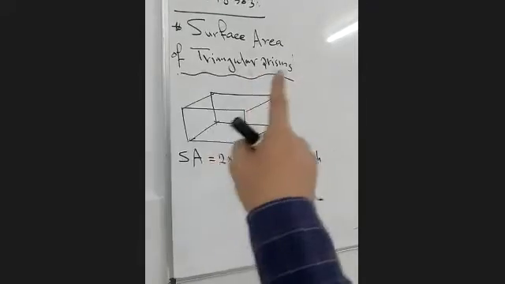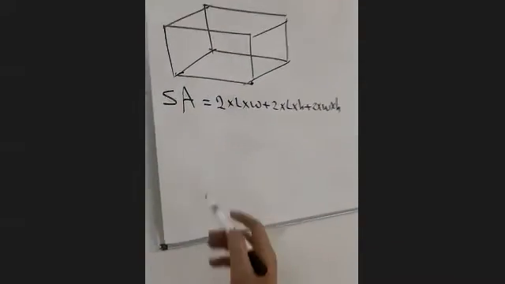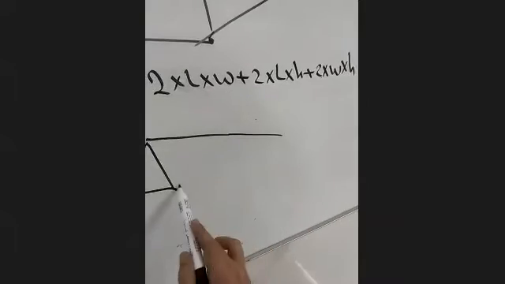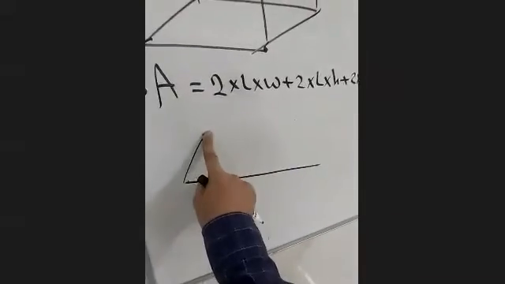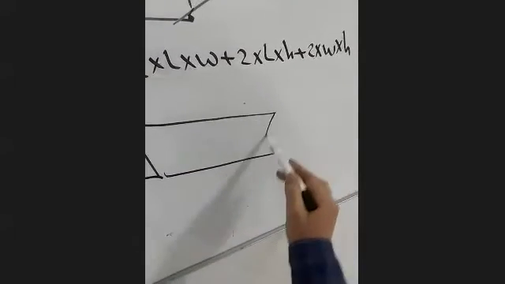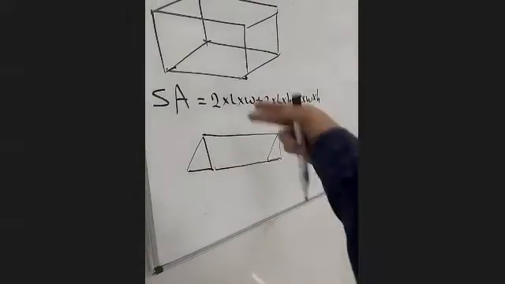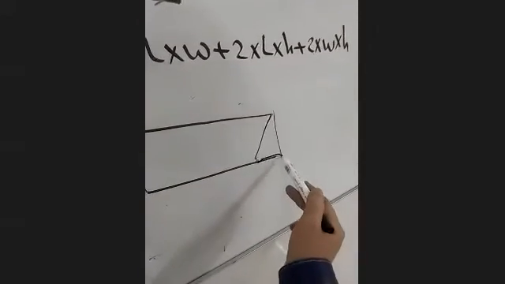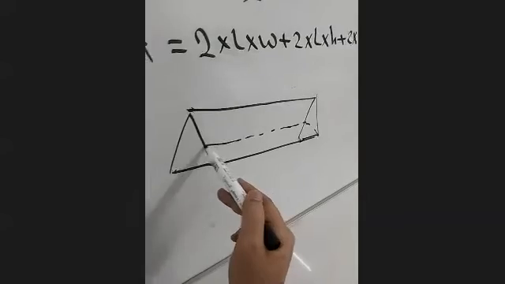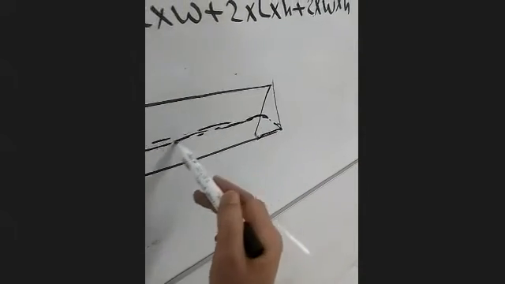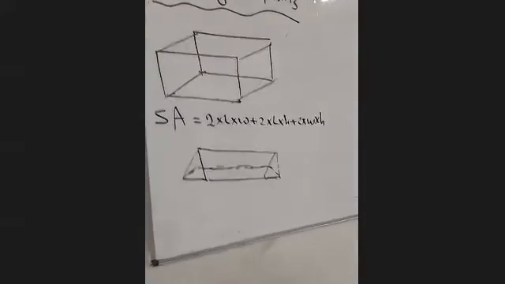But now we have a triangular prism. Triangular prism means 2 triangles in the bases, with 3 rectangles.